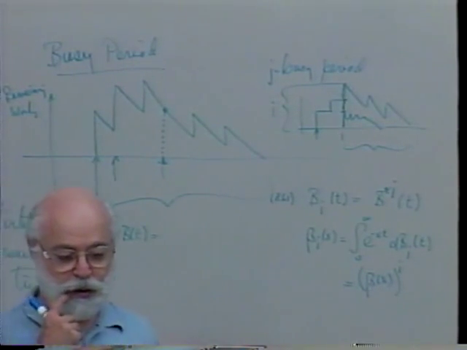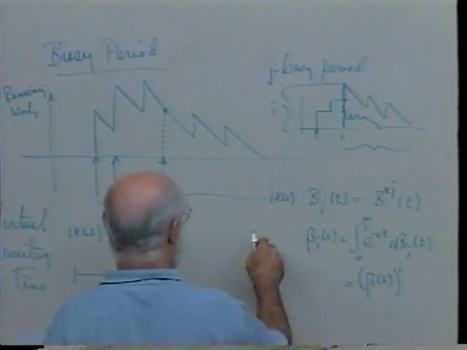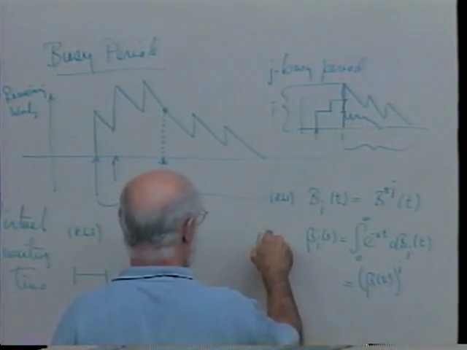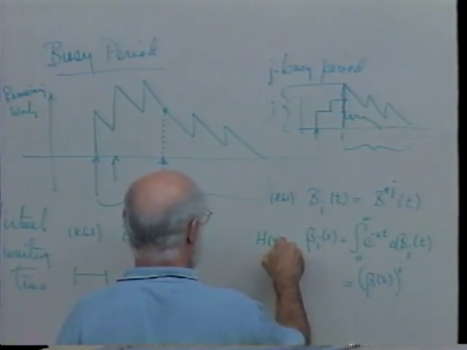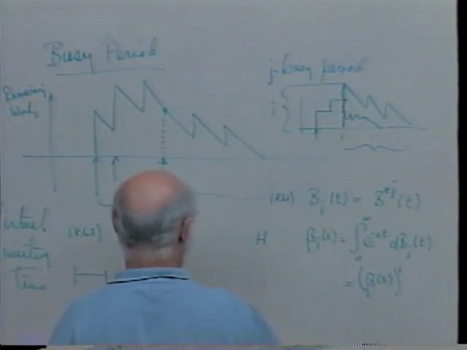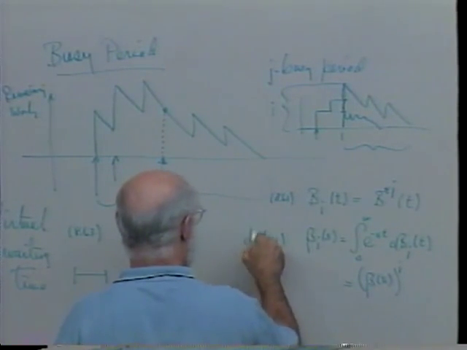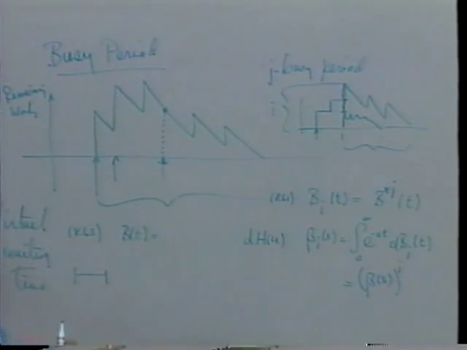Okay, so let h of x be the service time distribution function. Call it u here. So dh of u is the probability that the first service time of the busy period lasts exactly u.